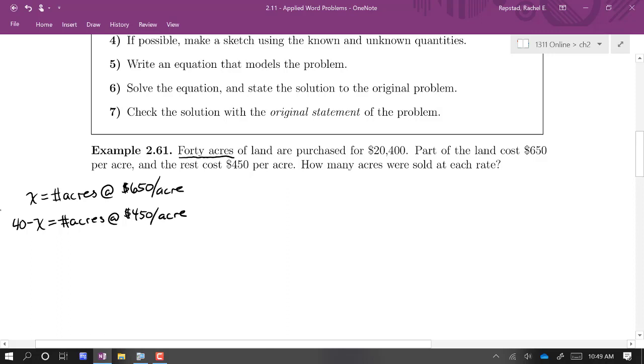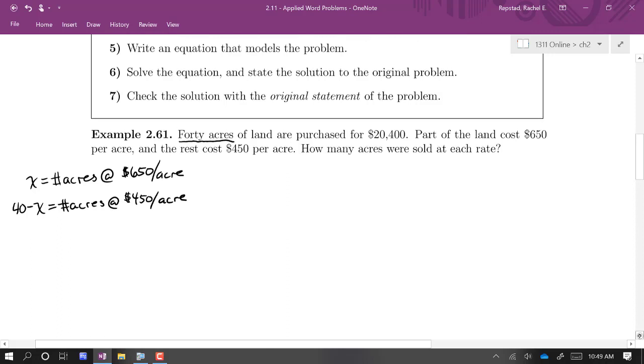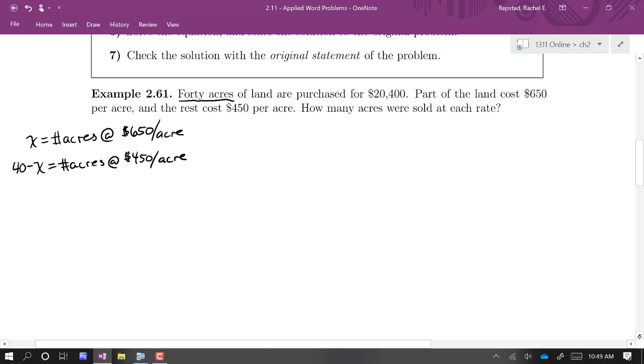Now I'm going to write out the equation that models this problem, and I'm going to do an intermediate step and write what I might call a pseudo equation, kind of in English. This problem is all about the fact that the total cost of this land is $20,400.